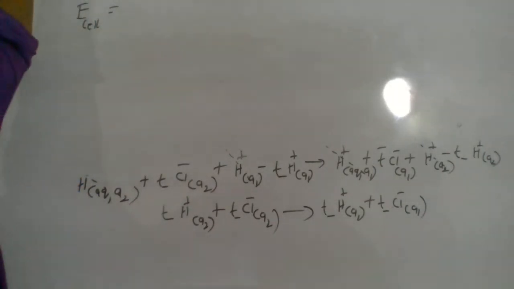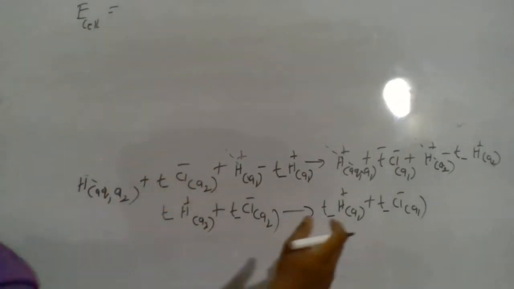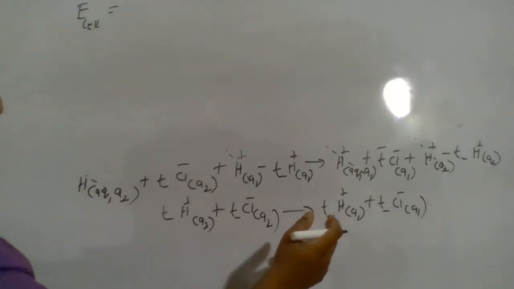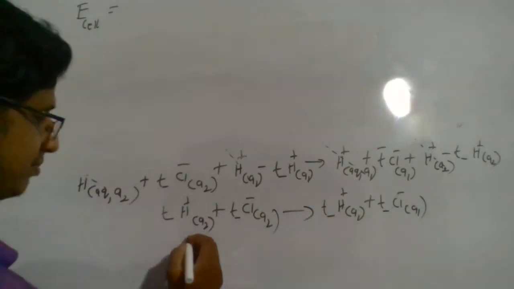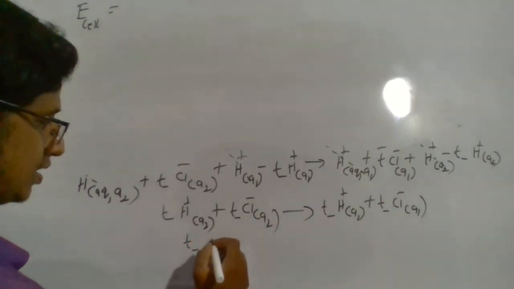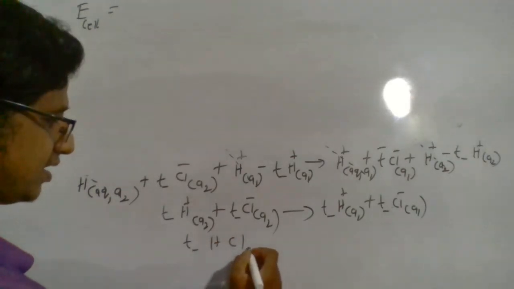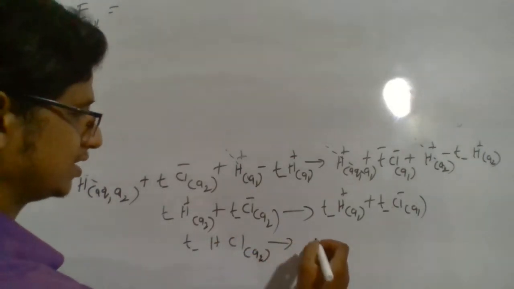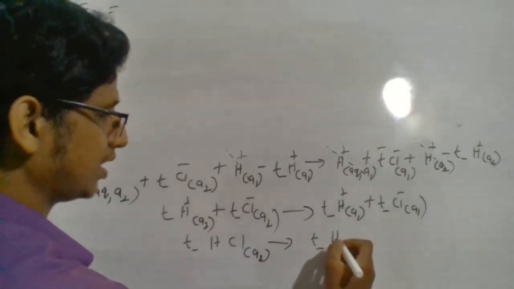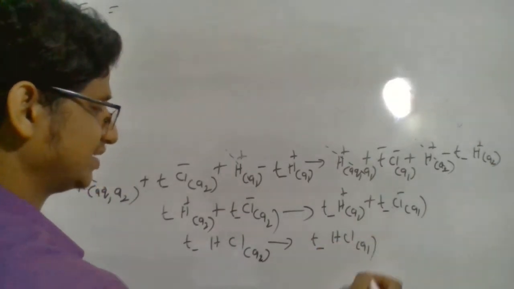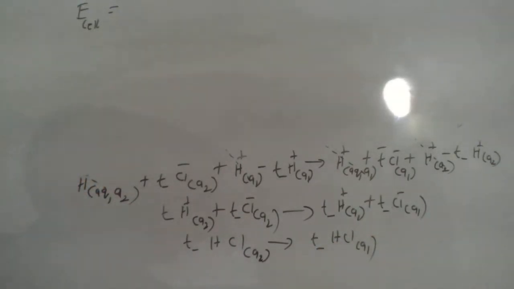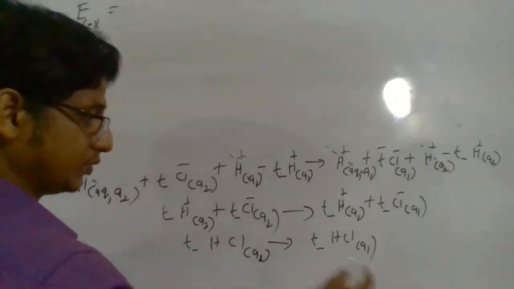E cell will be equal to E cathode minus E anode. So here you can write t minus HCl A2 gives t minus HCl A1. So it looks like now the electrolyte is transferring from A2 to A1.